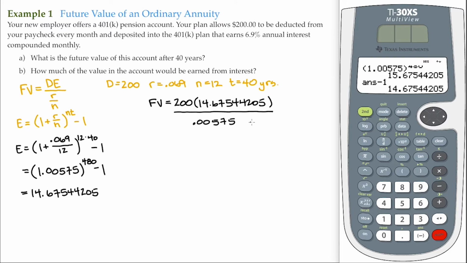So now this whole thing, I could just type in my calculator just like that. 200 times the rate, 14.6754 4205. And then divide it by 0.00575.